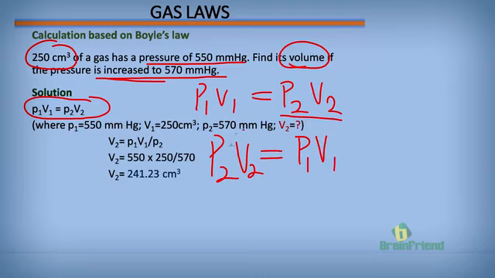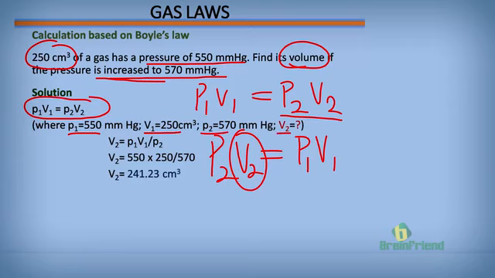We are looking for what? Volume. V2, the volume at the end of the experiment. Remember they gave us pressure at the beginning was 550 millimeter mercury. Volume was 250 cm cube. Pressure at the end of the experiment was 570 millimeter mercury.